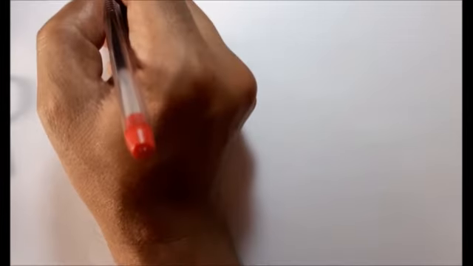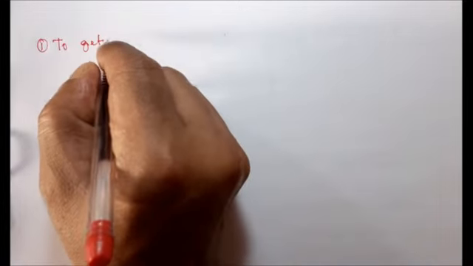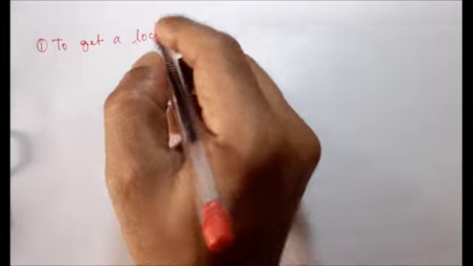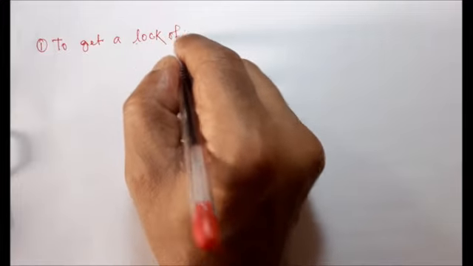So first is to get a lock of the current object. What do I have to write to get a lock of the current object?